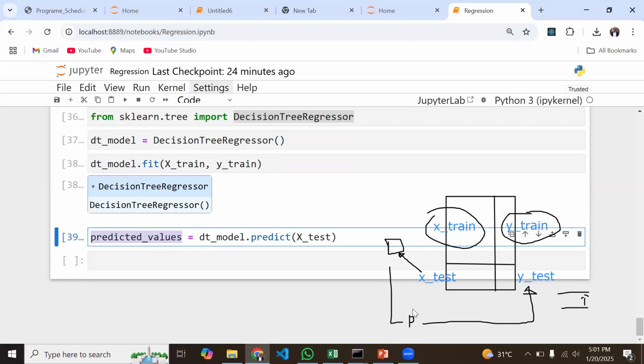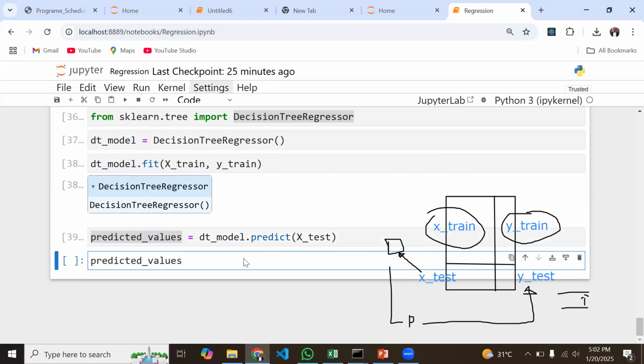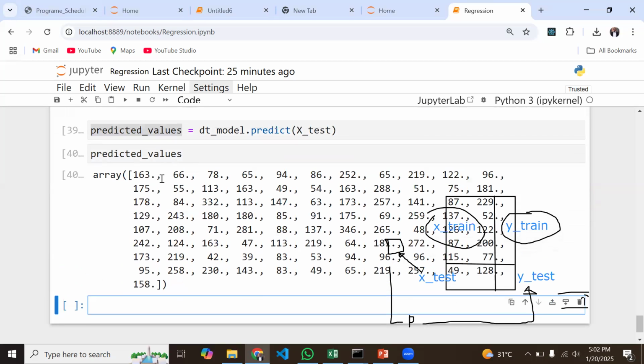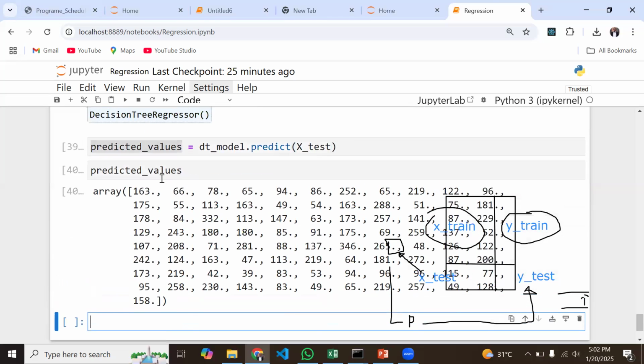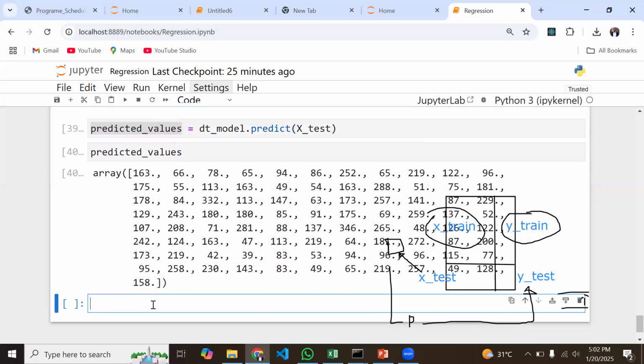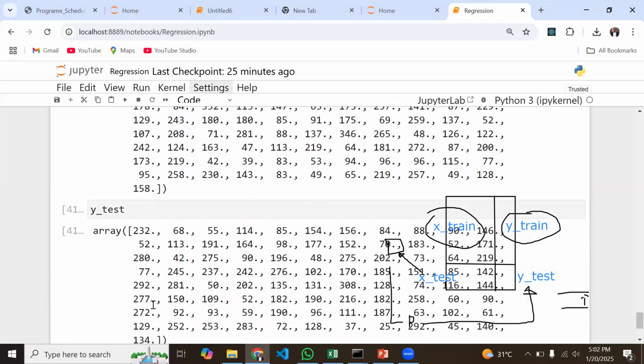So we have this, and if I run this, yes, those predictions have been made. That's what we are going to have over here. And we are going to compare those values with the Y test. So if I bring this down over here, some values have shown up. Now let me also put in the Y test, which is the value I see over here.